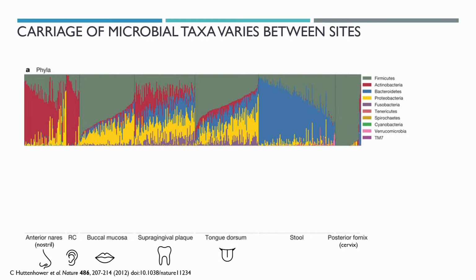So you could say that maybe, if you took an average of all of these, like 75% of the total abundance of the phyla in the nostril are actinobacteria. So just another way to show that there are differences among the different sites.